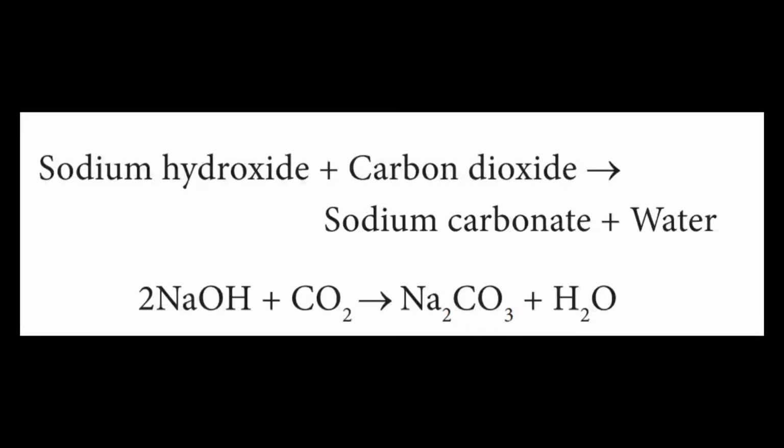Reaction with non-metal. All the bases react with non-metallic oxides to form salt and water. For example, sodium hydroxide reacts with carbon dioxide to form sodium carbonate and water. Reaction with ammonium salts.